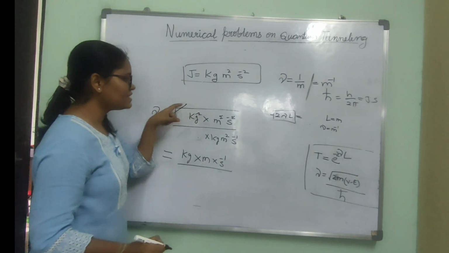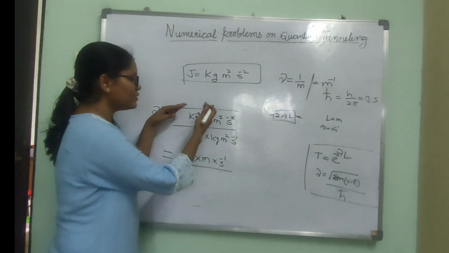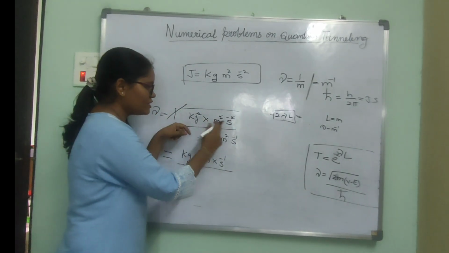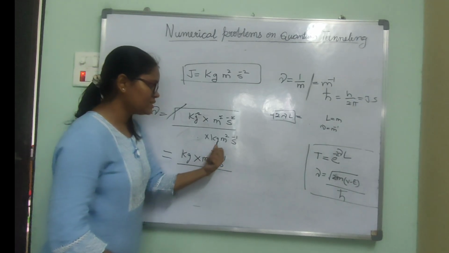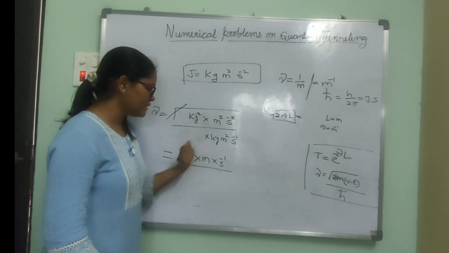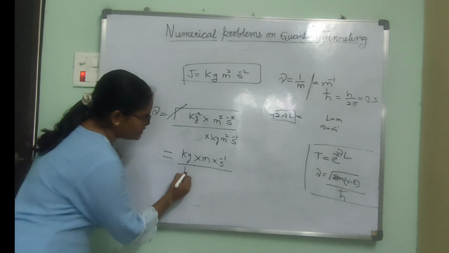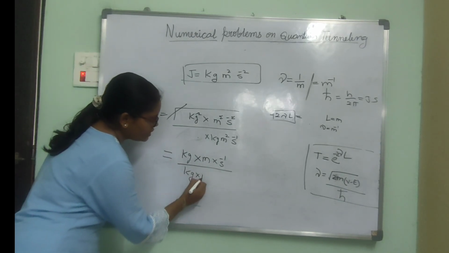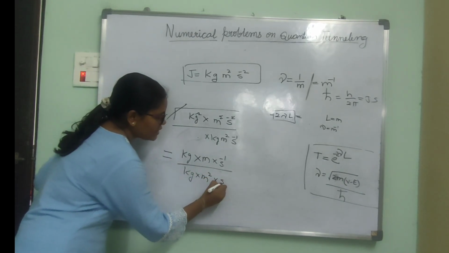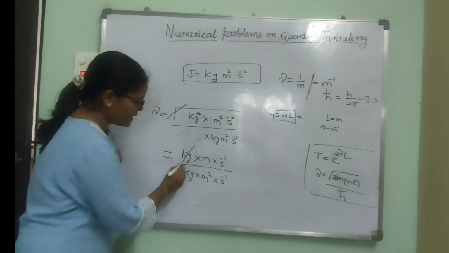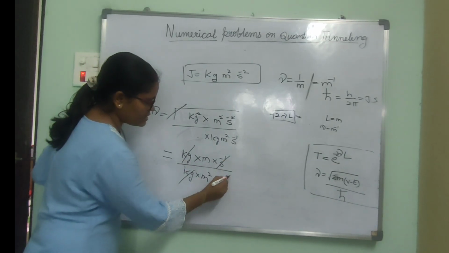So this cancelling is not the right thing to do, but when you take the square root of these values, you will get kg meter and second power minus 1. And in the denominator you have kg meter square second power minus 1. I'll cancel kg, I'll cancel second inverse.